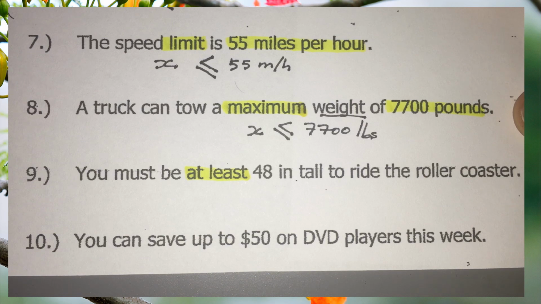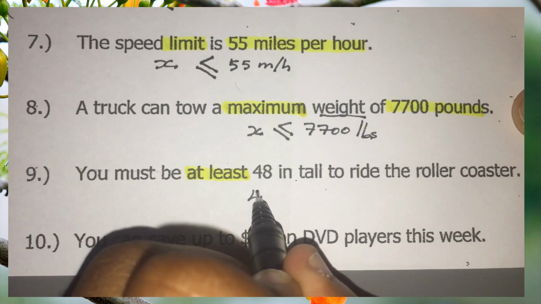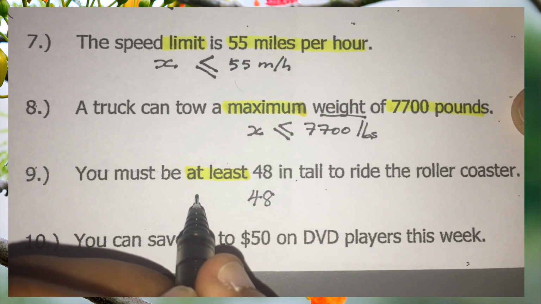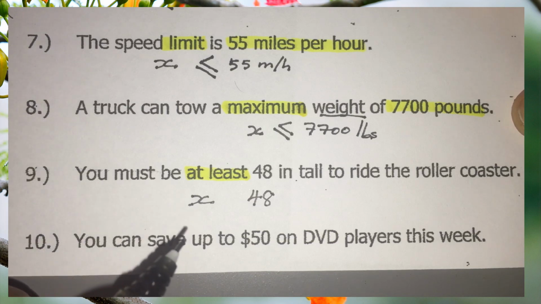So you can't go below it. The lowest you could ever go is 48. And we're comparing that to the height that we don't know, because maybe you are 60 inches tall. So we're using x to represent the height.